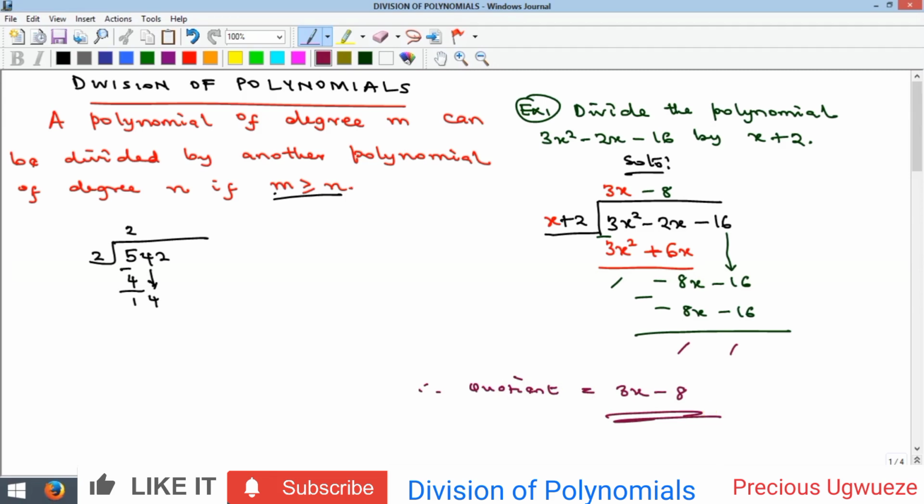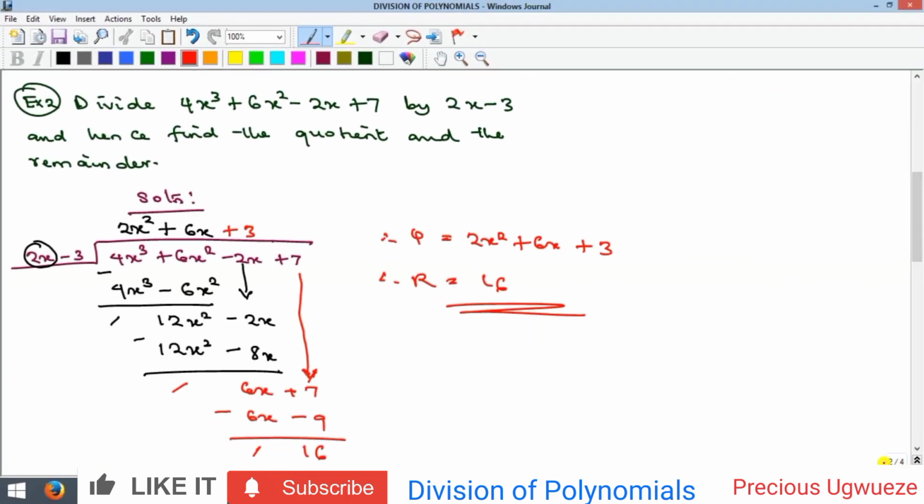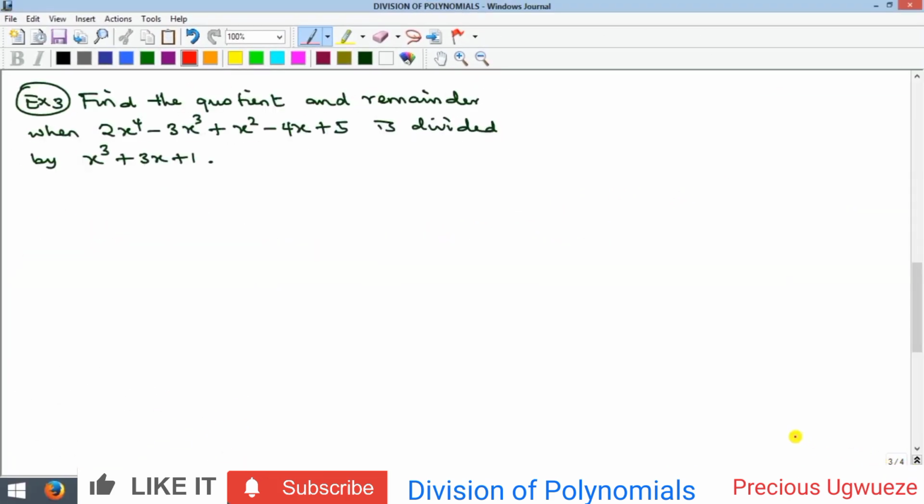So that's simply how to divide polynomials. There is another one here which says that we should also find the quotient and the remainder if there is one. Again, we're going to do this using the same approach.